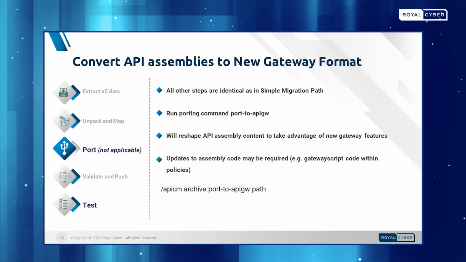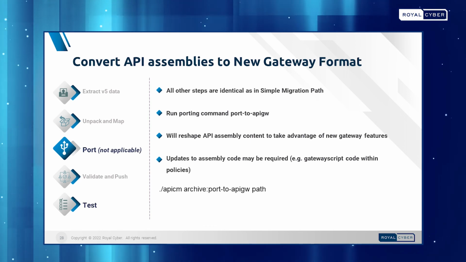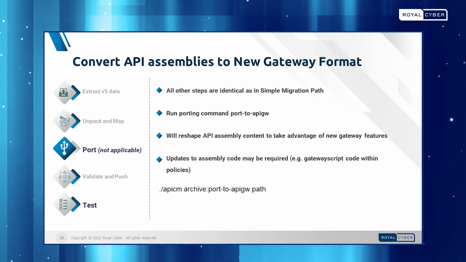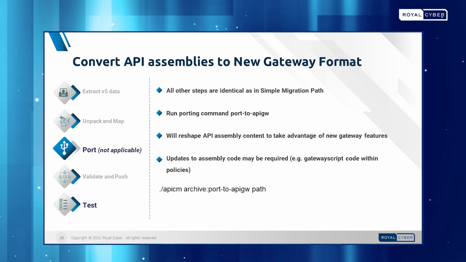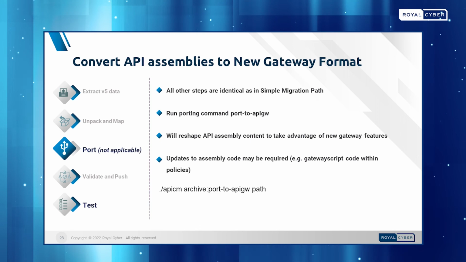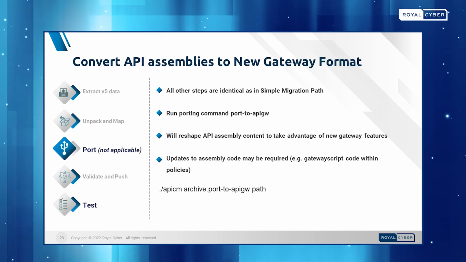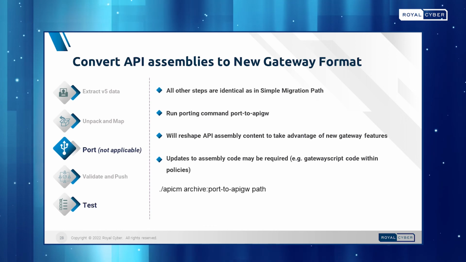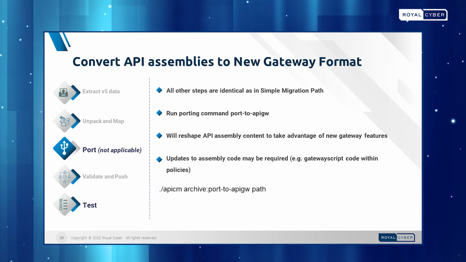It provides the assistance that is required, something that you would have done manually. It now removes all that effort from you. By just running this command, you get API artifacts that you can all run in the V10 native gateway.